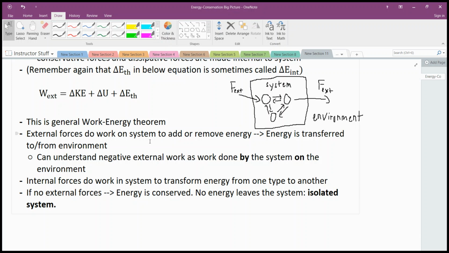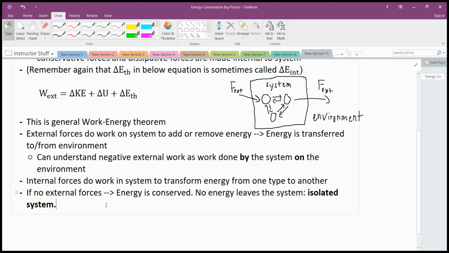Neither is our system adding energy to the environment by doing work on the environment. All the energy changes are zero. It's all contained inside our system. No energy leaves the system, no energy enters it. We call such a system an isolated system. By definition, an isolated system then is one where no energy leaves and no energy enters.